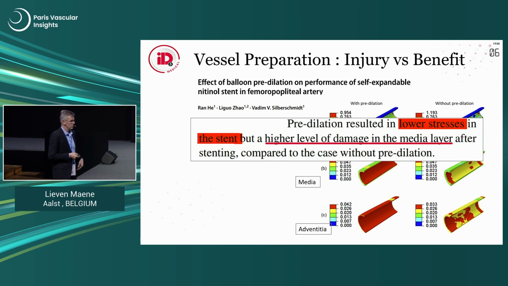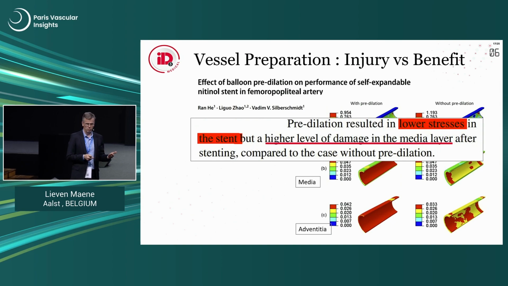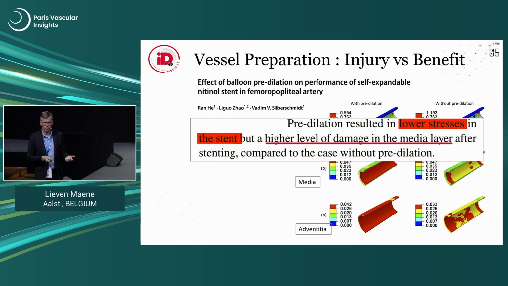What we see is that by using a predilatation and then implanting a stent, we definitely lower the stress on the stent. That's quite logical. The elastic fibers are broken, so the stress on the stent is lower, and the stent can conform definitely better. But on the other hand, once the stent is exerting its maximal power, it's giving a lot of stress on the vessel wall.